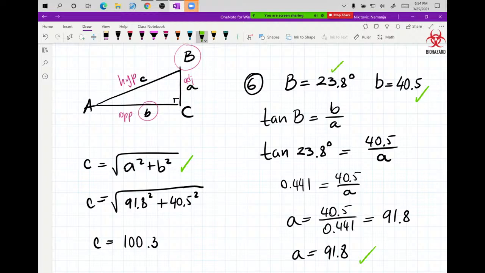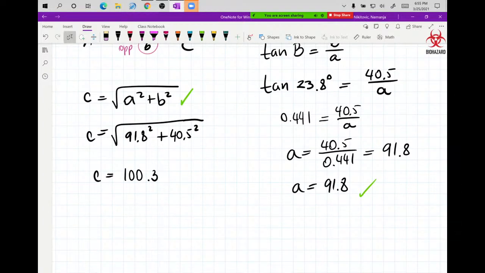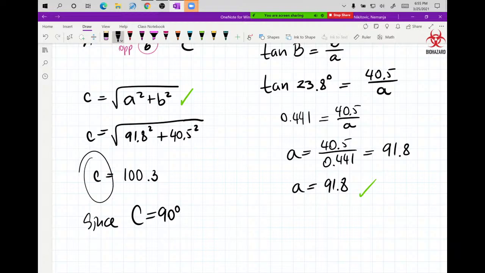Now I only have one angle. I need one more angle. And this is where, well, actually, no, I don't need any more angles, sorry, because I have that angle C is 90 degrees. What am I talking about? Angle C is 90 degrees, so we can just use the sum of all angles is 180, and you can find A. So, since C is equal to 90 degrees, make sure this is a lowercase c and this is the uppercase C, right?